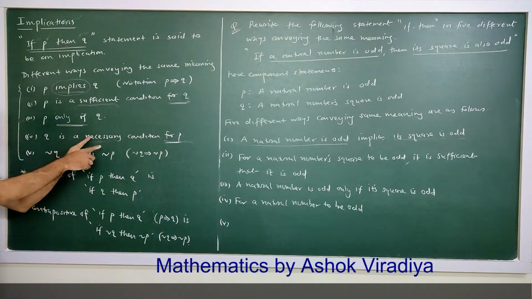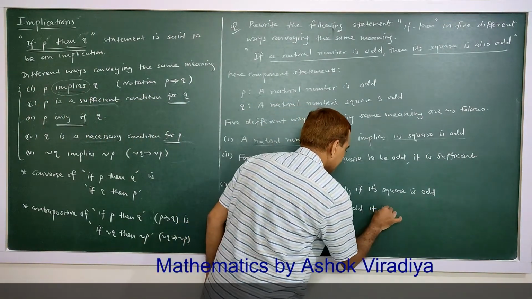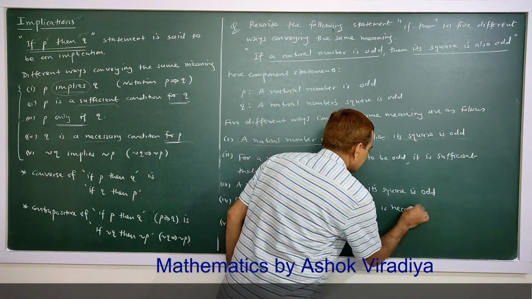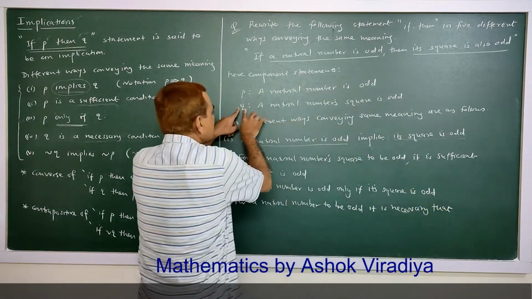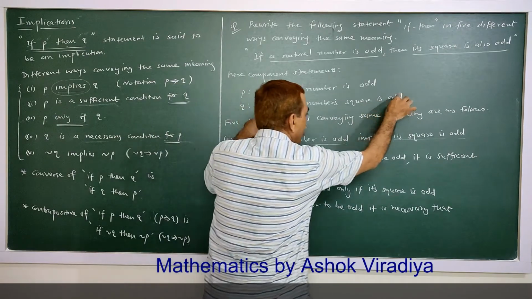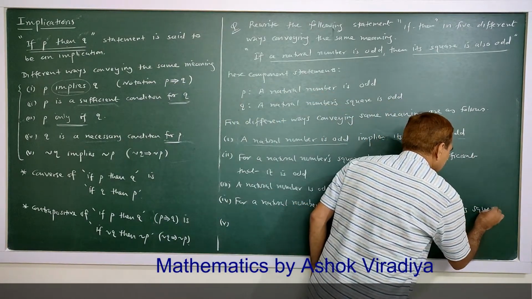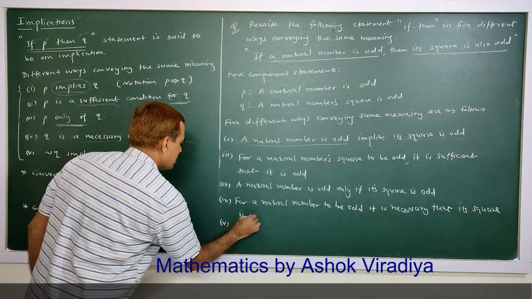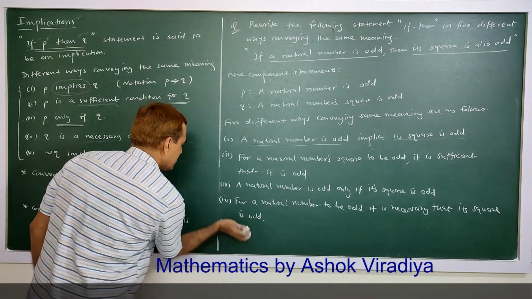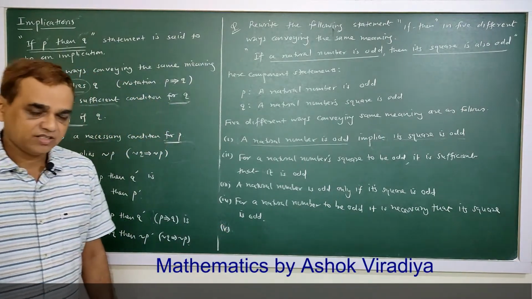It is necessary that its square is odd. So this is the way to use the words necessary and sufficient.